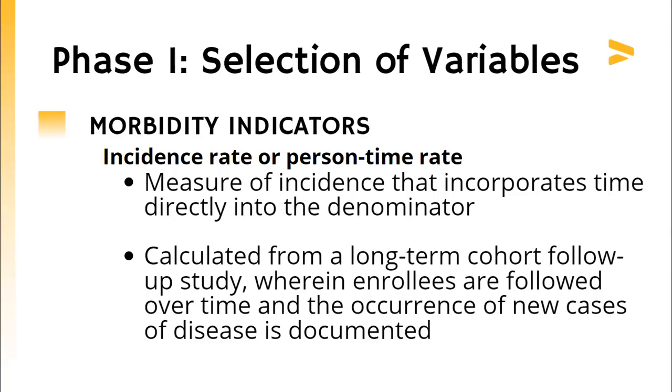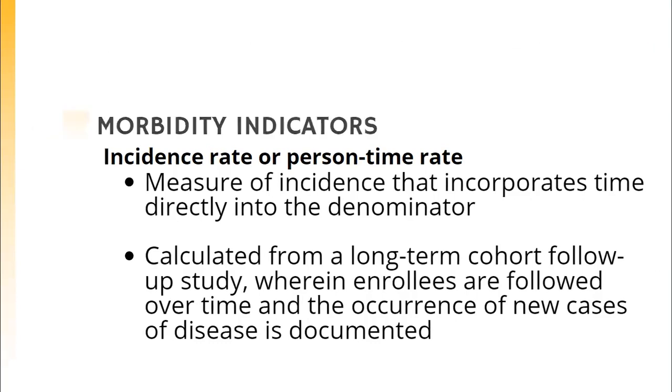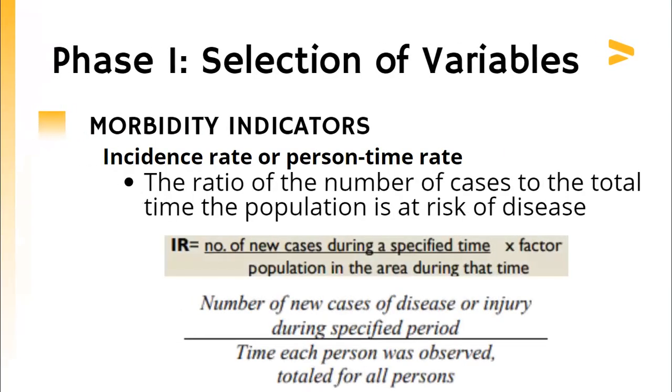So this is calculated from a long-term cohort follow-up study wherein enrollees are followed over time and the occurrence of new cases of disease is documented. So this refers to the ratio of the number of cases to the total time the population is at risk of the disease. So we basically have two ways of calculating your incidence rate, no?